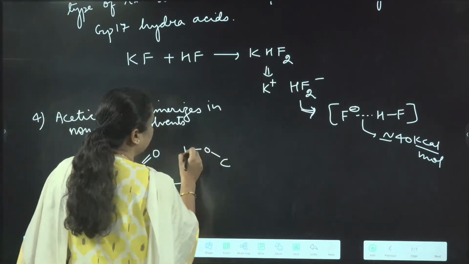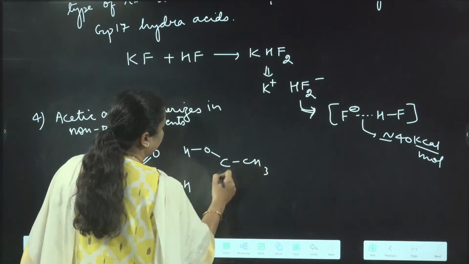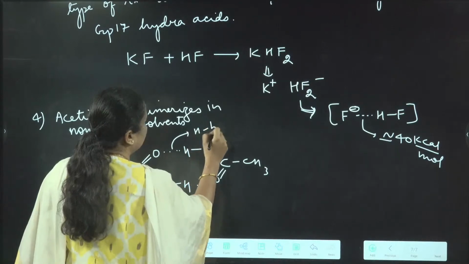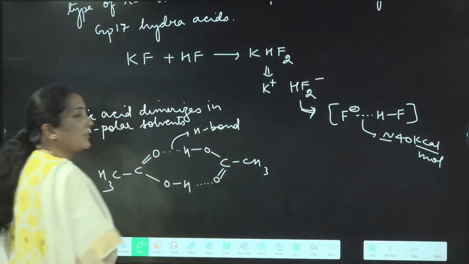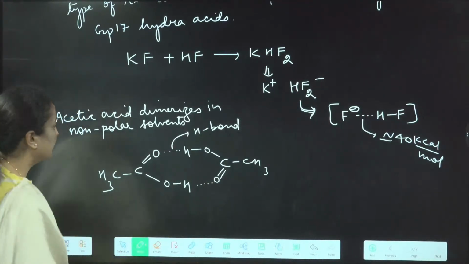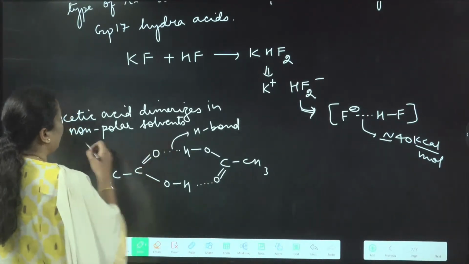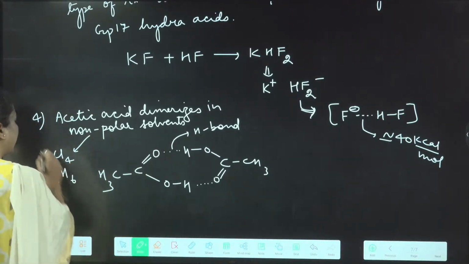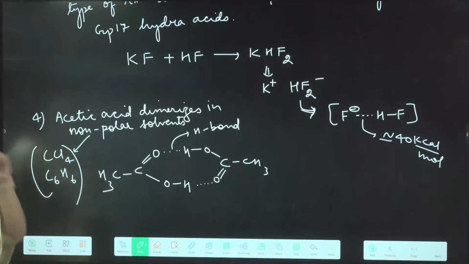Then C, OH, CH3 double bond O. Are you able to see this is the hydrogen bond which gets formed between these two molecules? That's why a dimer. So very strong hydrogen bonding takes place in the case of acids, right? And non-polar solvent means CCl4, or you can have C6H6, a few examples. Please write this.